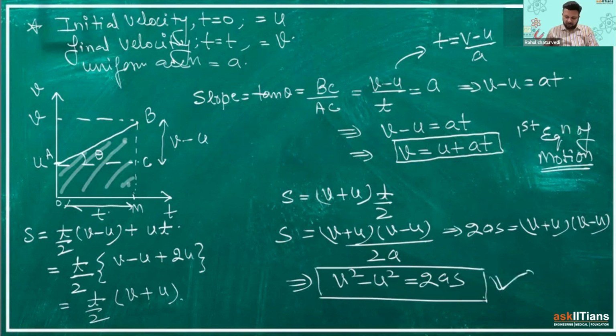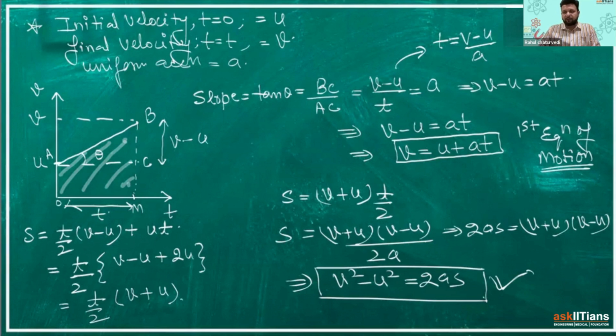So by the use of graphs, you can derive all three equations of motion: first, second, and third. For the first equation of motion, you have to use the concept of slope. The slope of the VT graph gives you acceleration. For the second and third equations of motion, you have to use the relation that area under the graph is equal to displacement.